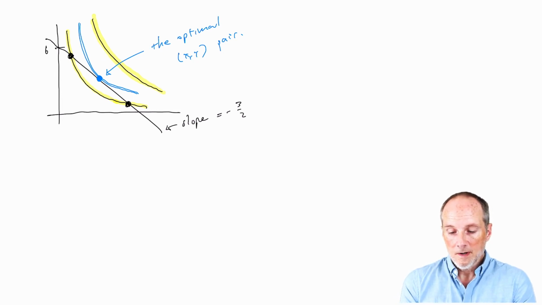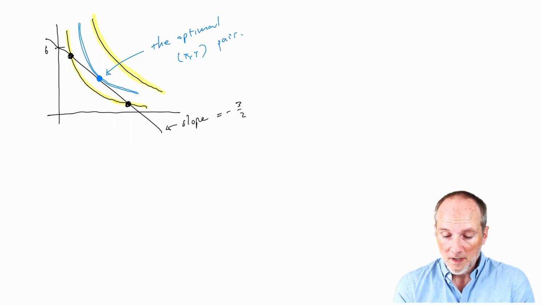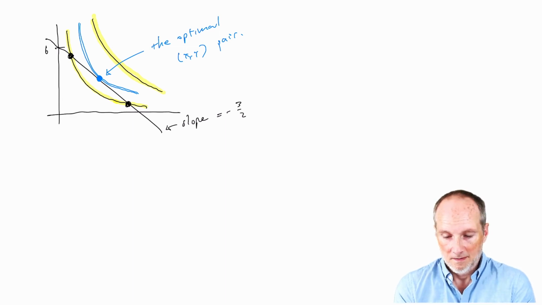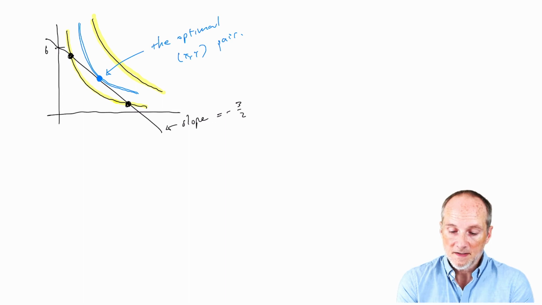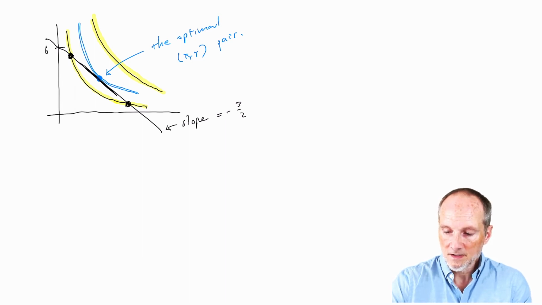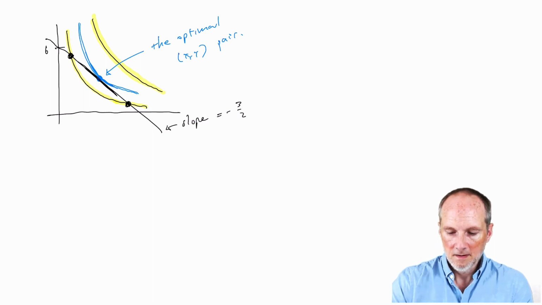All right, so how is this helpful to us? Well, there is something that stands out to me, probably to you, and that is that at that optimal xy pair, the straight line representing the constraint is just tangent to this curve, okay?